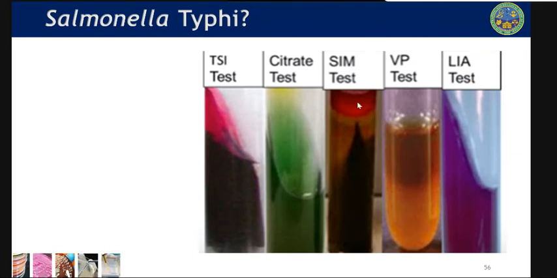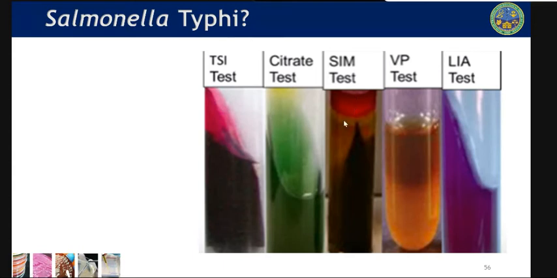Now, for sulfide indole motility, you have here a black protruding accumulation or precipitation. So this is motility positive, then H2S positive as well, and then there is a red ring here. So this is indole positive.